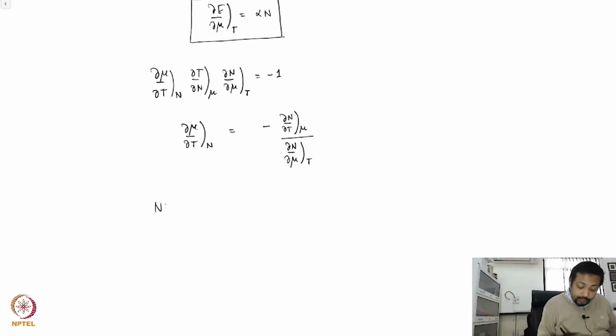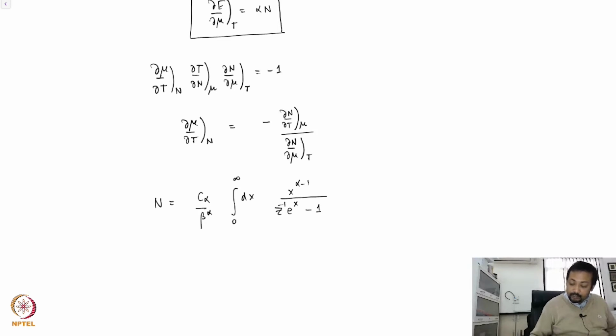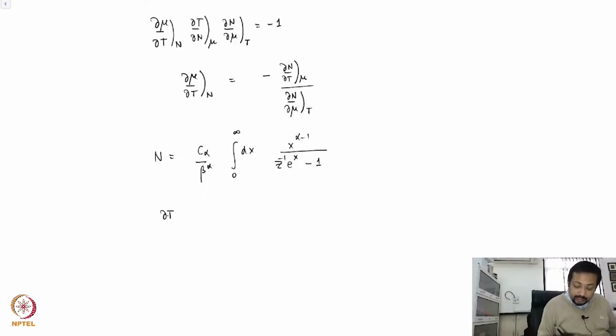But I know the expression for n. N was C_α β^α ∫ from 0 to infinity dx x^(α-1) / (z⁻¹ e^x - 1).